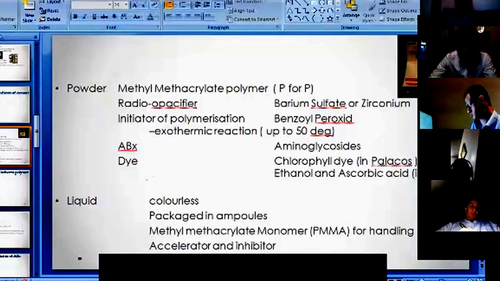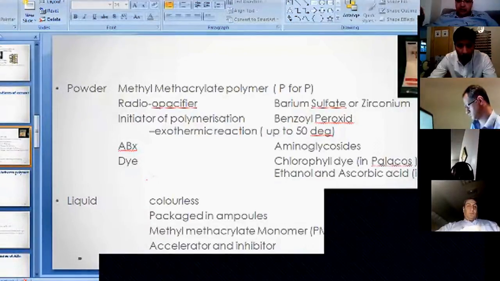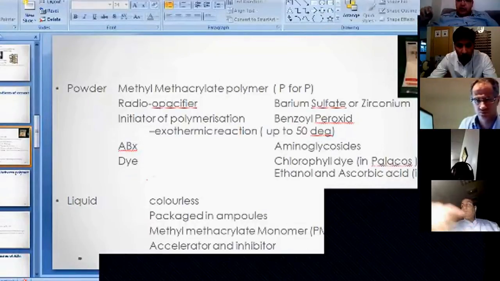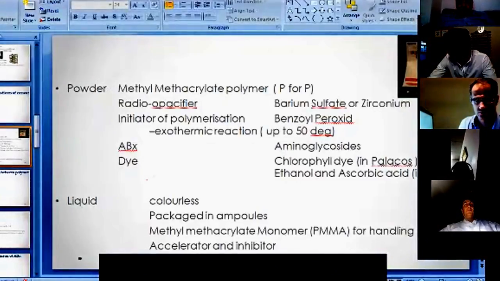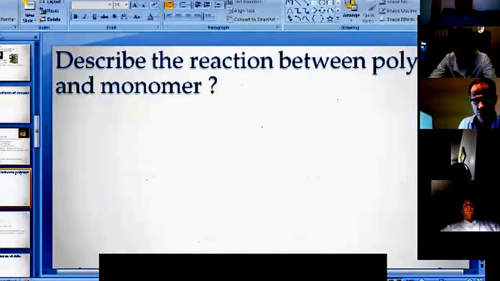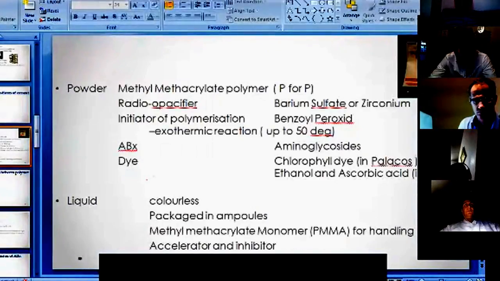My advice is whatever cement you use, next time in theater, just out of the box, take the instruction leaflet that tells you the ingredients and read it. So when you go for the exam, you know the components of the cement you use. The second component is liquid. The liquid is colorless, it's packaged in ampoules normally, and it has the monomer.